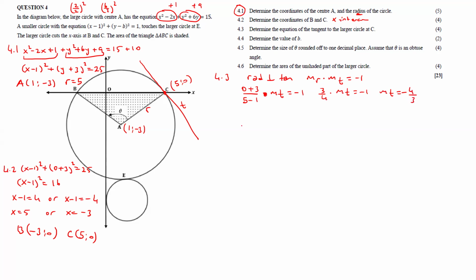After you get the gradient, we can find the c value. So y value 0 is equal to negative 4 over 3 times 5 plus c. From this, c is equal to 20 over 3. So the equation of the tangent will be y equals negative 4 over 3 x plus 20 over 3.